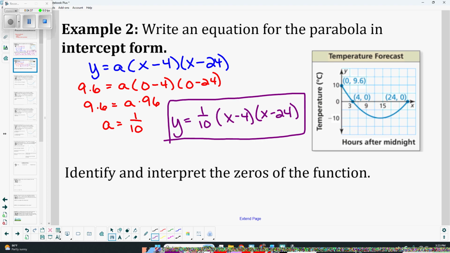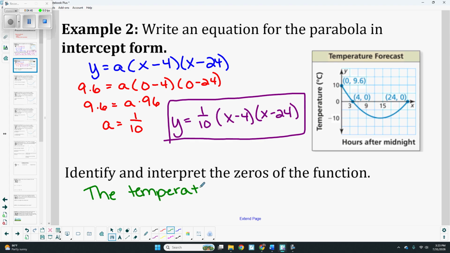So I'm going to say the temperature is 0 degrees, and this is Celsius. And it's going to be that number of hours after midnight. So 4 hours after midnight would be at 4 a.m. And 24 hours after midnight would be the following midnight.